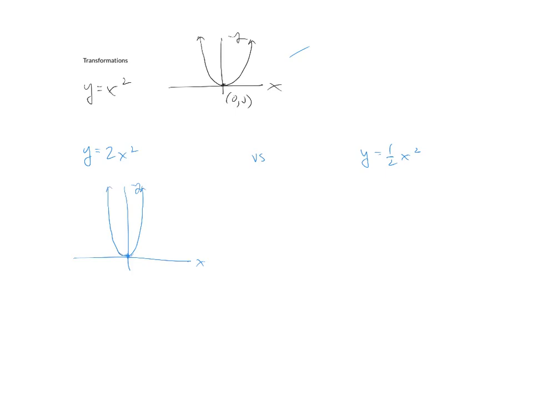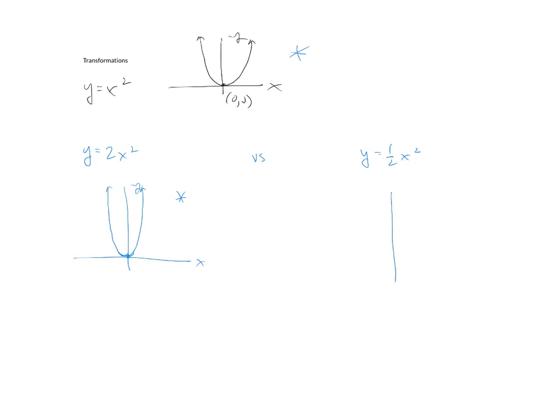Now I missed my mark here a little bit, but you get the idea. So this graph right here needs to visually look different than this graph right here, and so my graph of y equals 2x squared is going to go up the y-axis more quickly and therefore appear to be more narrow.